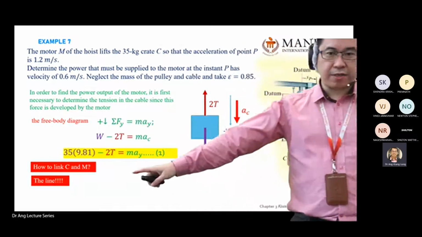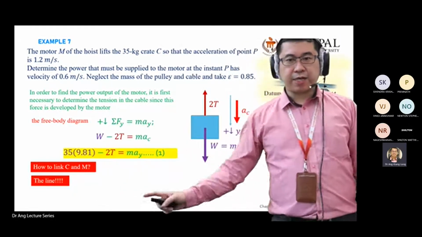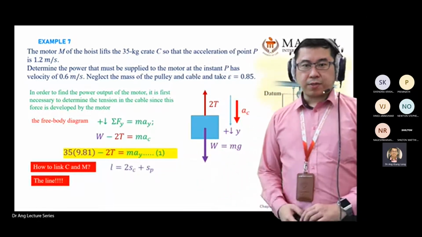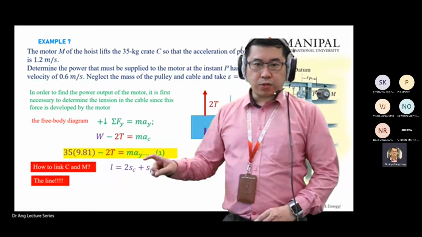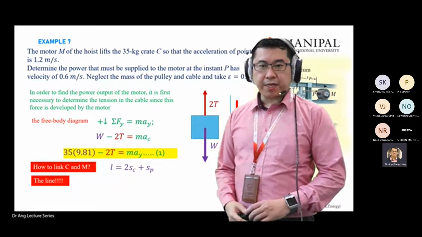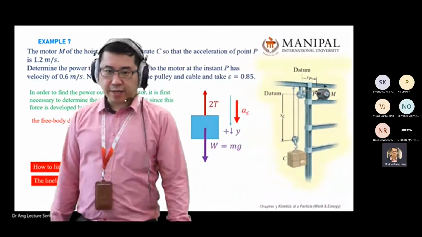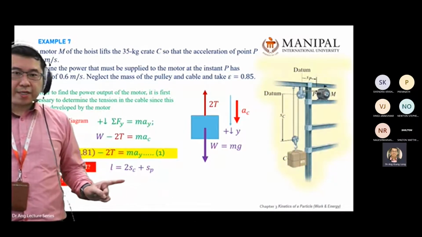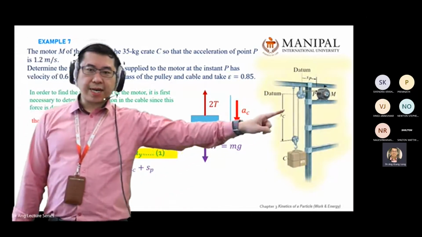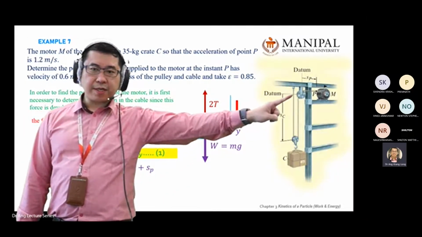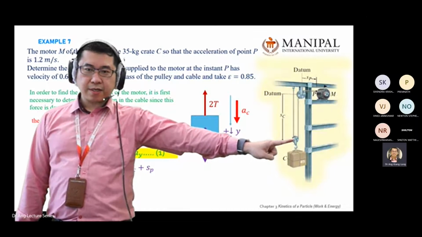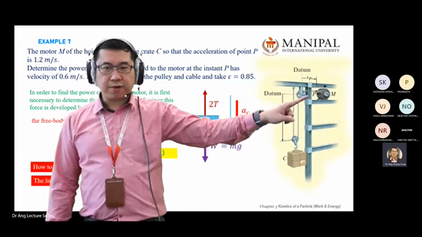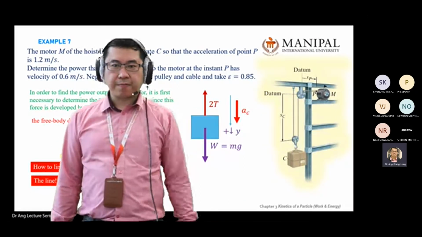So I give a hint in my slides here. You use the line to find the missing parameter here. So your L equals 2SC plus SP. How do you write this equation here? The total length of the cable is from the datum here, go down, then here, go up, and then the distance from here to here.